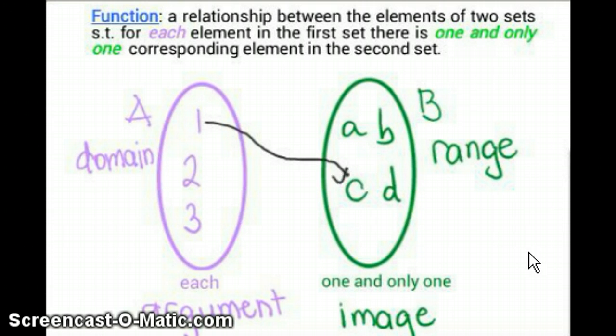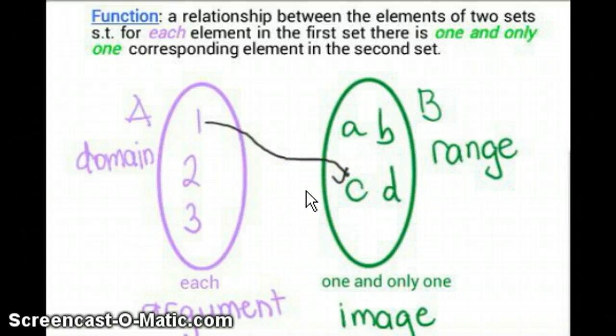So far, my diagram doesn't show a function. Why not? Because not each argument in here has an image. 2 and 3 don't have corresponding images. So let's show them.